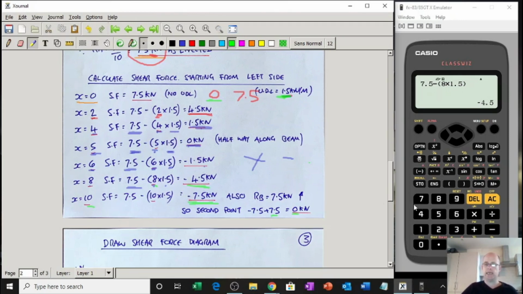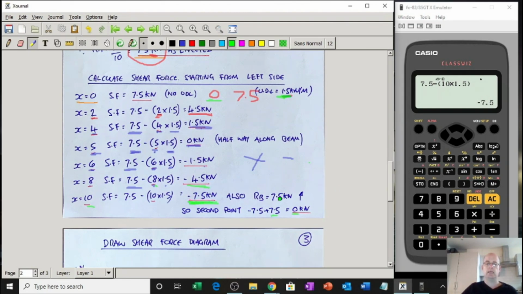So at x equals 10, I've got 7.5 coming up, and then I've got 10 meters worth of my UDL, so 1.5 times 10, that's going to give me minus 7.5.